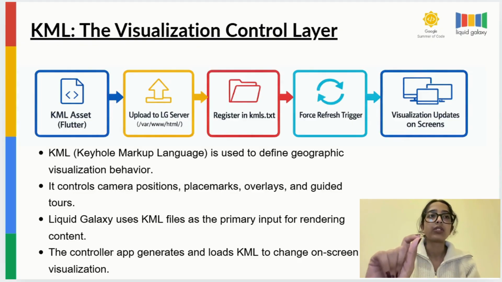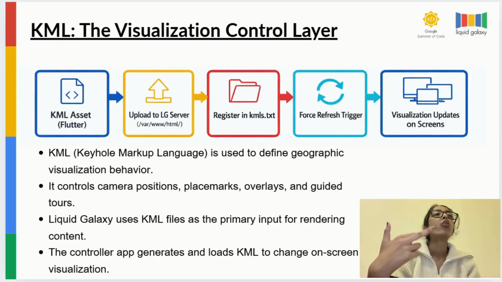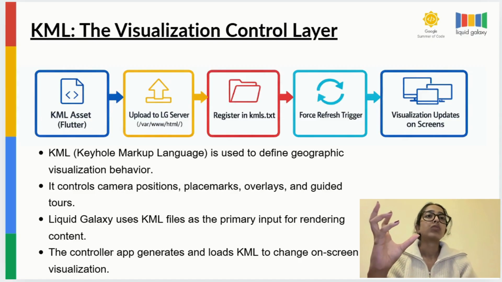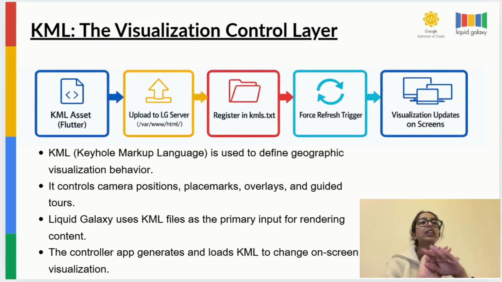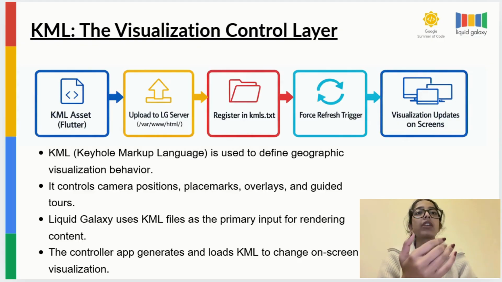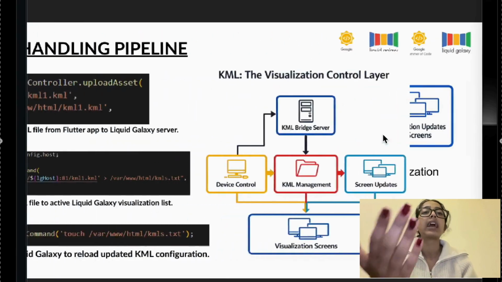This step is important because Liquid Galaxy constantly reads this file to know which KML layer should be active. Once registration is done, the app triggers a refresh command. This forces Liquid Galaxy to reload the updated KML and immediately apply the visualization changes. And finally, the updated visualization appears across the Liquid Galaxy screens.